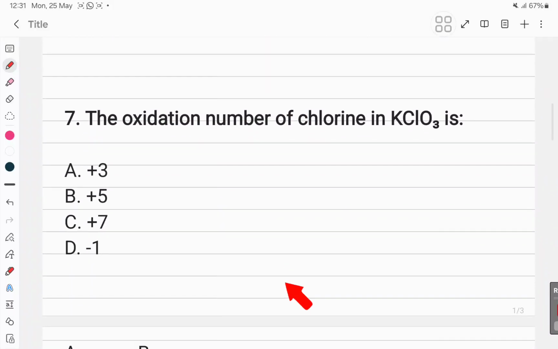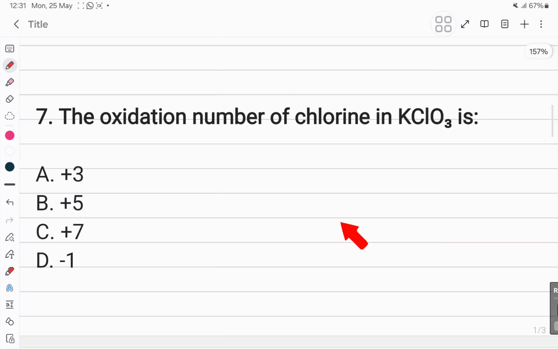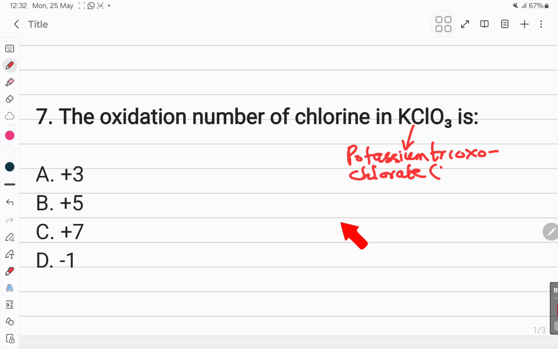Question number 7 is about the calculation of the oxidation number of chlorine in KClO3. Let me quickly intimate you with the IUPAC name of this compound. This is potassium trioxochlorate 5.